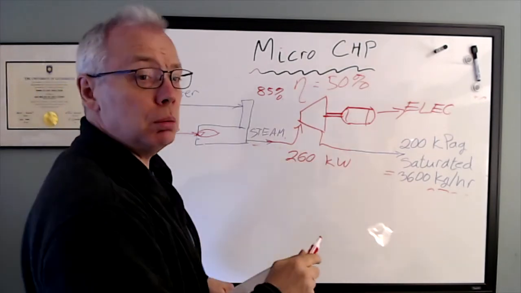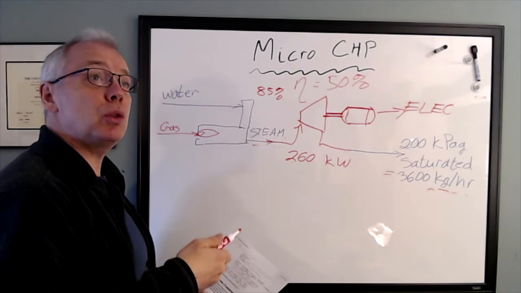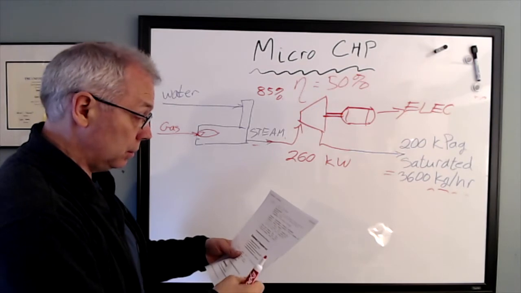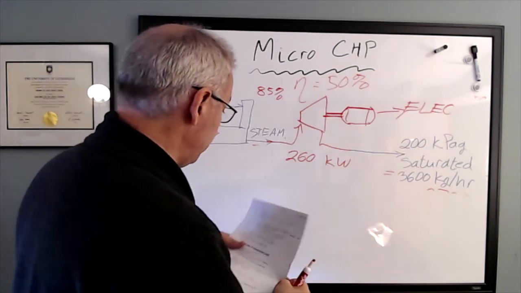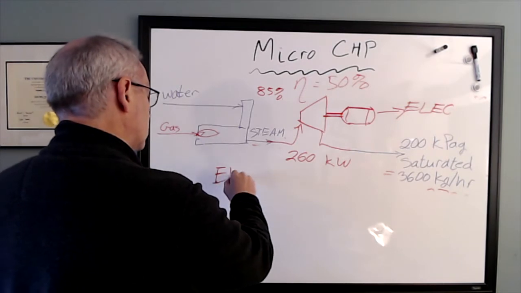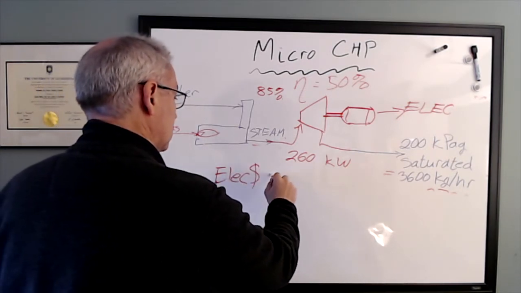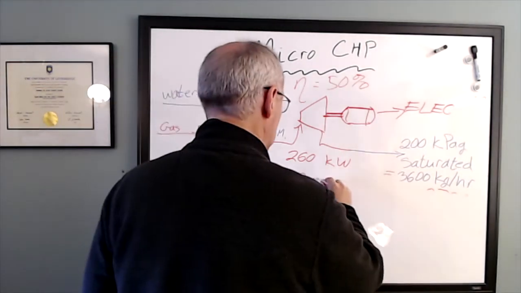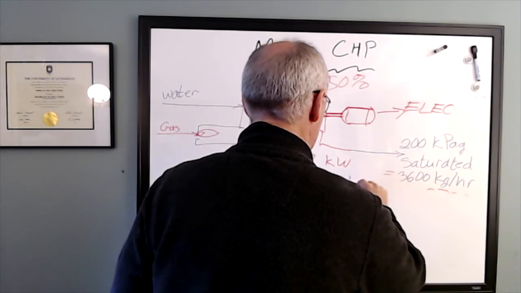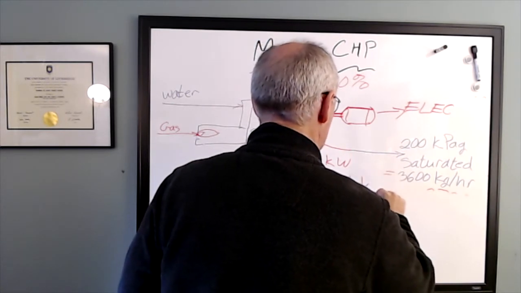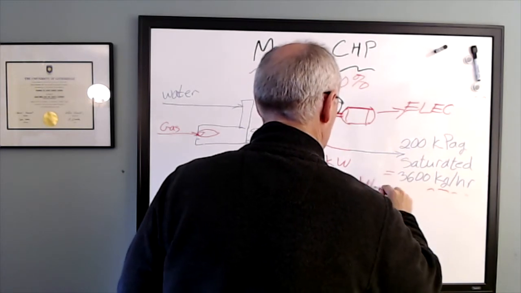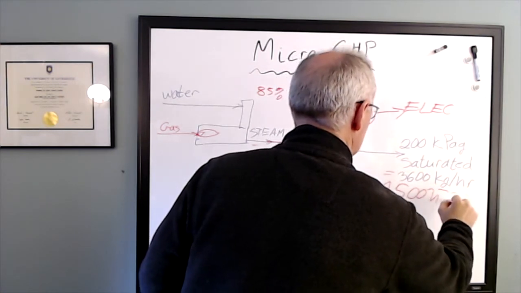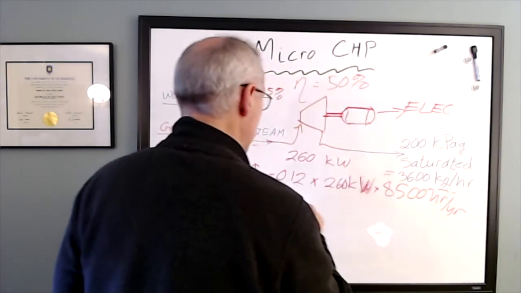So for the electricity, the cost of electricity for my house here now in Calgary is 12 cents per kilowatt hour. And this comes out to 0.12 dollars per kilowatt hour times 260 kilowatts times, I will say, 8,500 hours per year.